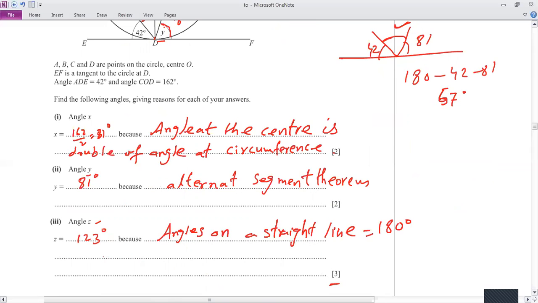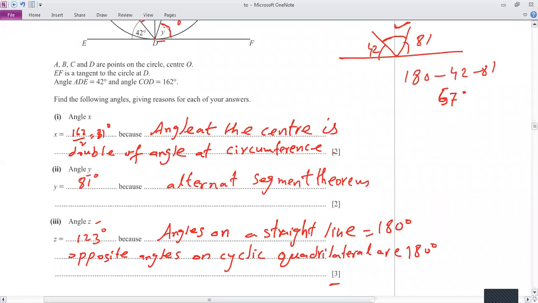Then the second property you use is the cyclic quadrilateral: opposite angles in a cyclic quadrilateral are 180 degrees. So these 2 reasons will be there.